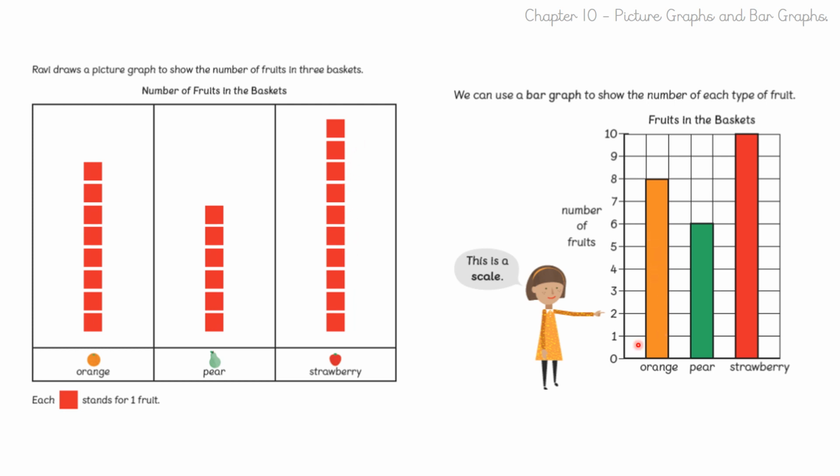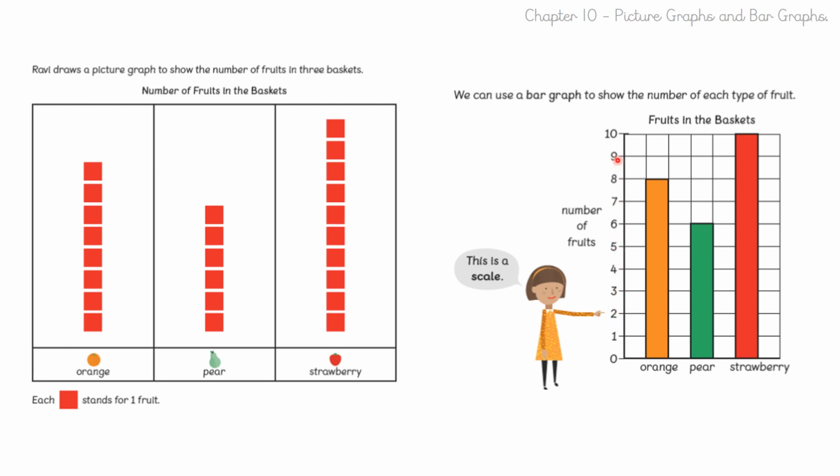Now, what is the main difference? Well done. Here we were using a key or a scale that said each square stands for 1 fruit. And you had to count all the different squares in order to know the amount of fruit. Whereas here, our scale is represented with numbers.